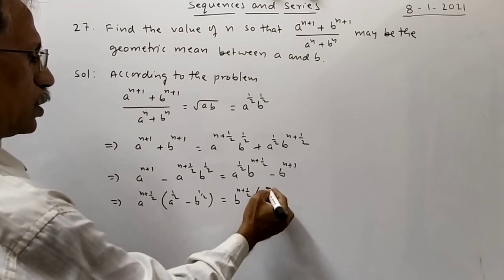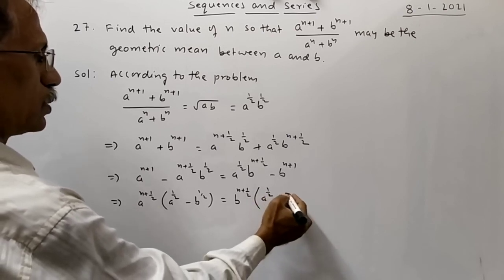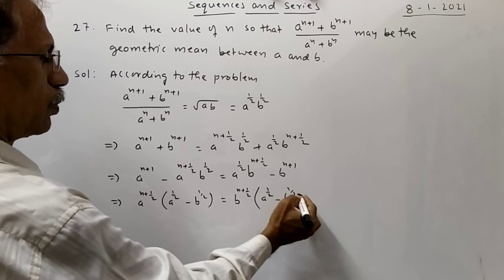Then a raised to the power 1 by 2 minus b raised to the power 1 by 2.